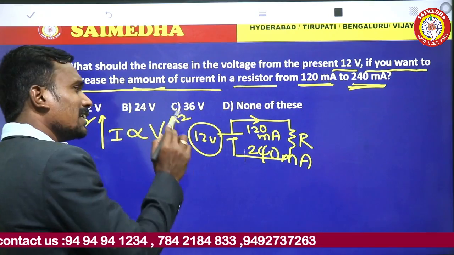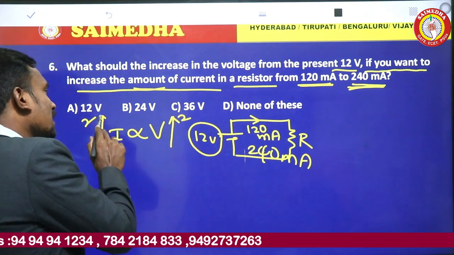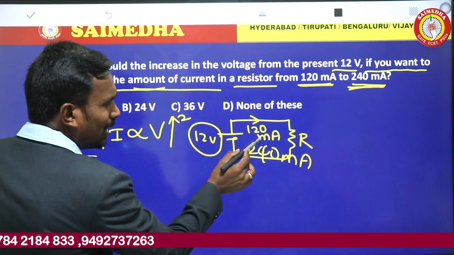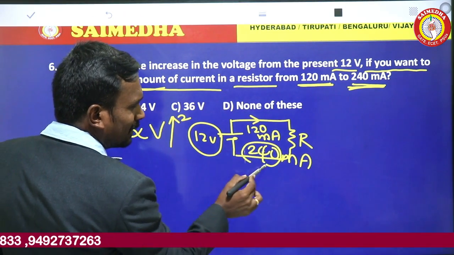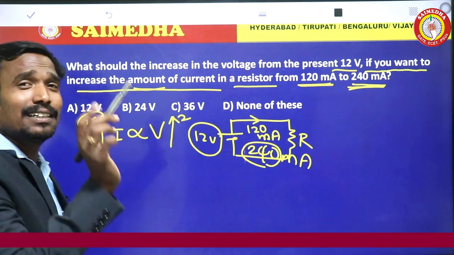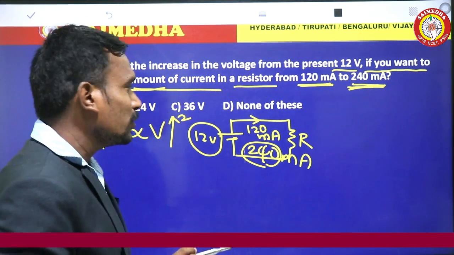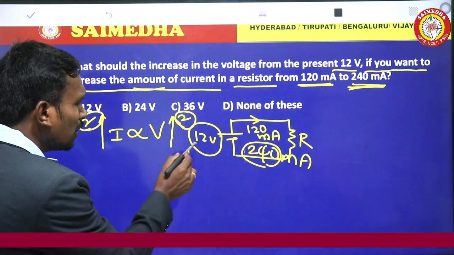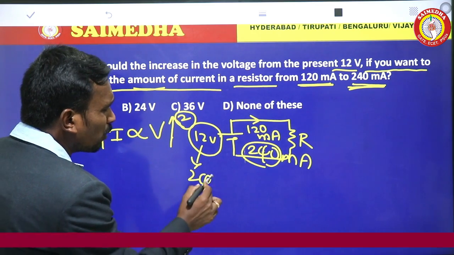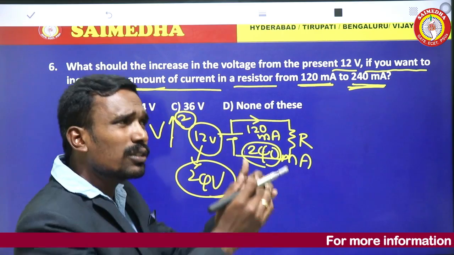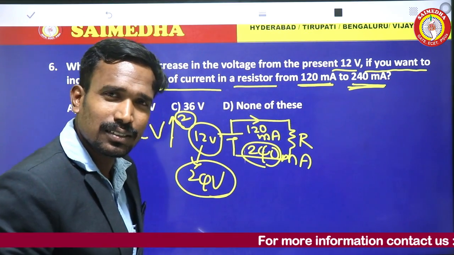If the voltage increases by 10 times, then current also increases by 10 times. But here I want to double the current. So if you want to double the current, you have to double the voltage. So from 12 to 24 volts. We have to increase the 12 volts to 24 volts.